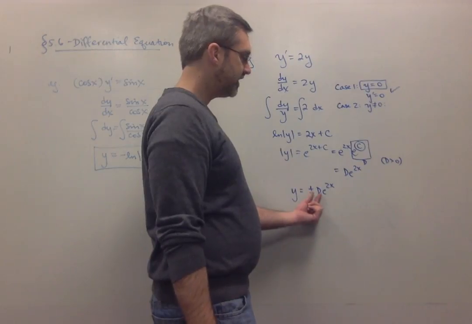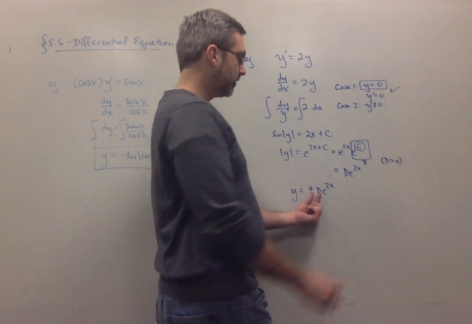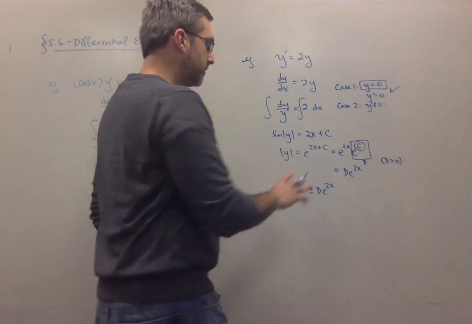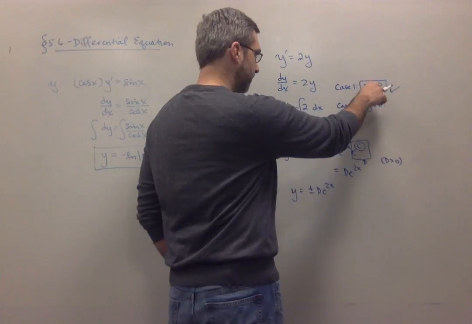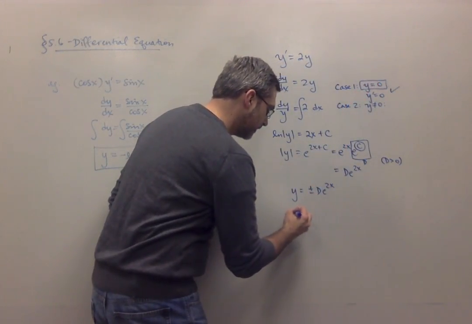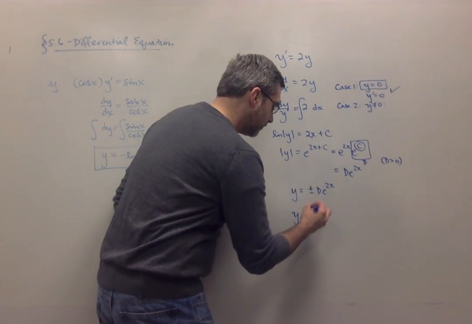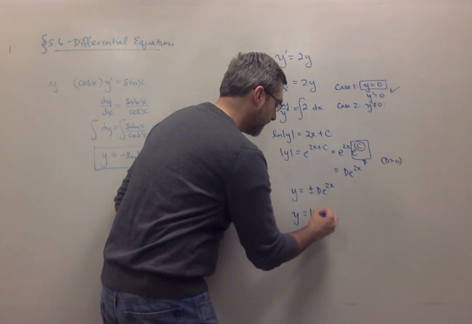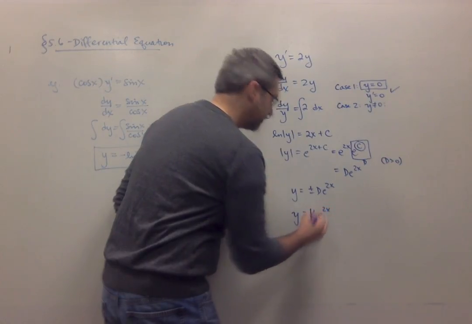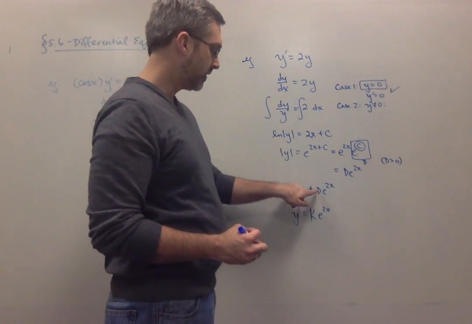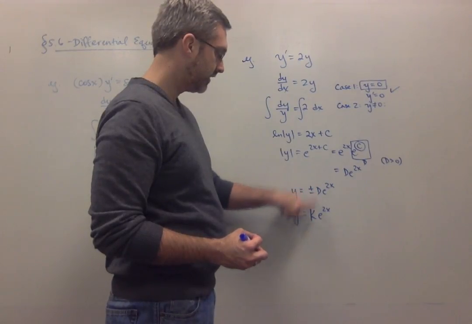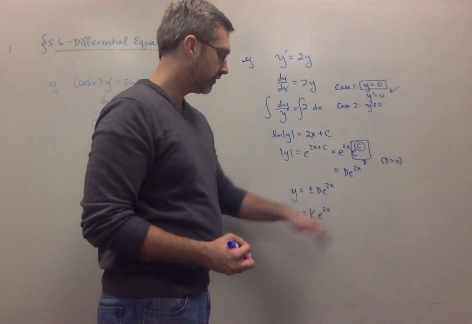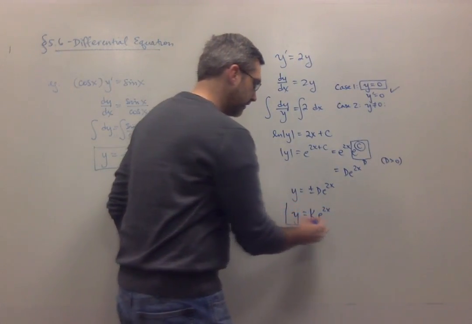If d were 0, we would actually get the solution y equals 0. So I'm going to combine these solutions into one solution: y equals, I'm going to pick another letter, capital K, e to the 2x, where capital K could be positive, negative, or 0. And in the case when K is 0, I get the 0 function. So this is my general solution.